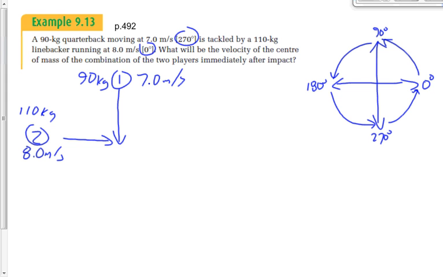Now, if these two guys stick together, they embrace each other. Two football players, they're embracing each other after the collision. They're not really, actually. They're not telling us that they're going off as one object here, but they are telling us that we want to find the velocity of the center of mass of both of those football players. If we want to find the velocity of the center of mass, we're pretending, in a way, that it's going off as one object.